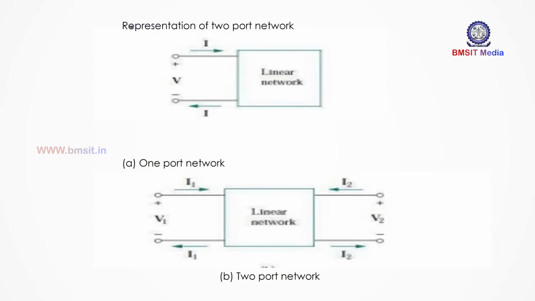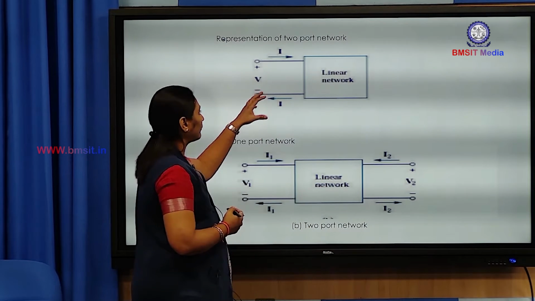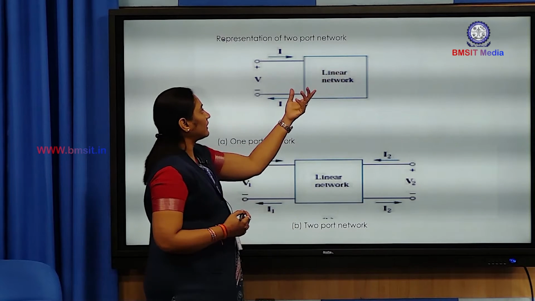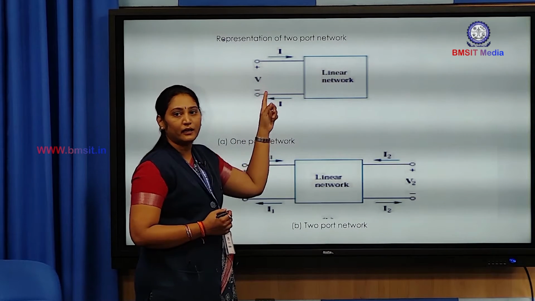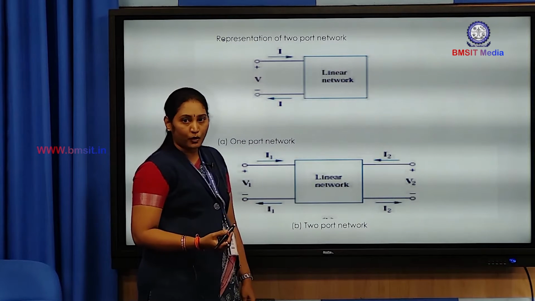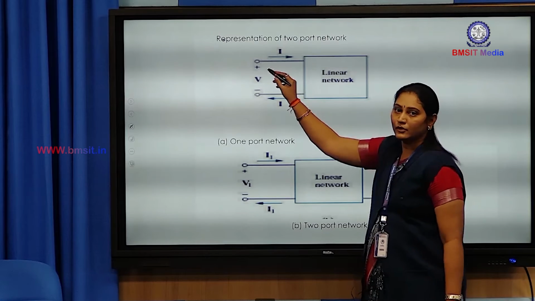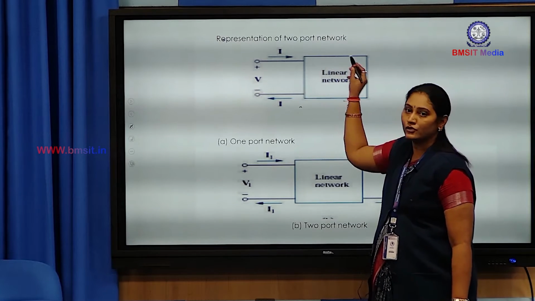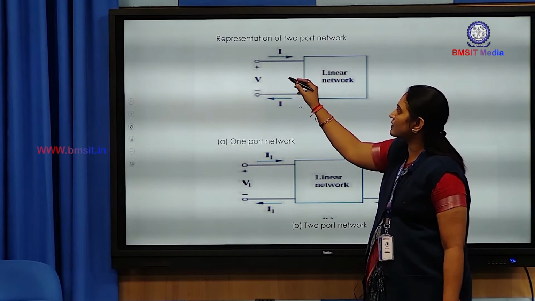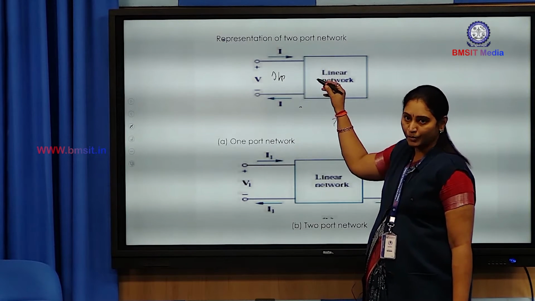This is the representation of the two-port network, where we have considered a linear network. The linear network has one pair of terminals, and this is called a one-port network. Here two terminals are attached to this network, and these can be considered as the input terminals or input port.